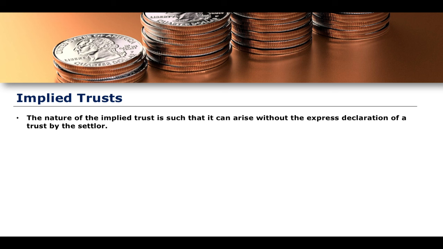I'm going to take some property, let's say some money in a bank account, and place that property on trust for these beneficiaries. I'm going to hand the title to this property over to the trustee. They're going to manage that trust for me, and the benefit is obviously for the beneficiary.